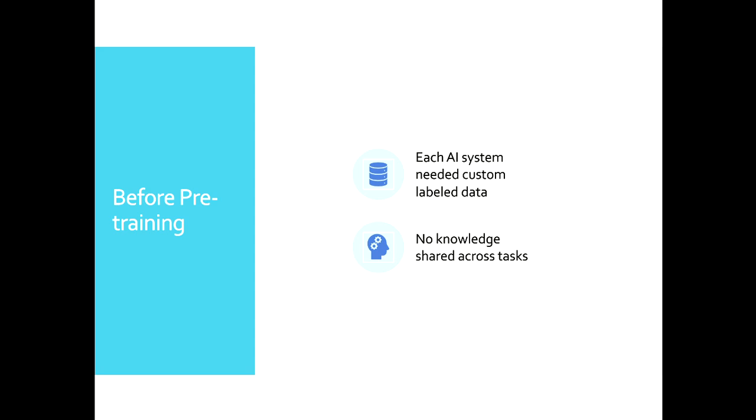They used something called self-supervised learning, which is just a fancy way of saying let the model figure things out by itself using patterns in text. Before pre-training, each AI system needed custom labeled data, and no knowledge was shared across tasks.